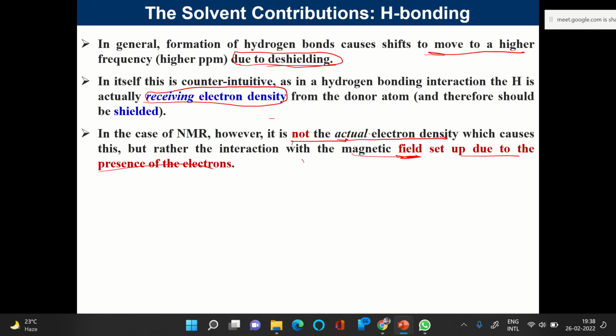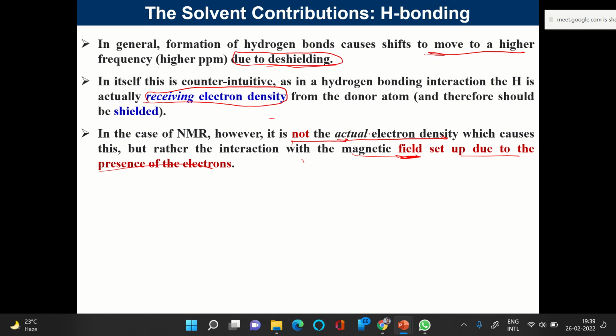So usually what we find is that the field set up whenever hydrogen bonding occurs, you have the interaction with the neighboring lone pair of the other atom, other molecule, a solvent molecule, will actually cause de-shielding.